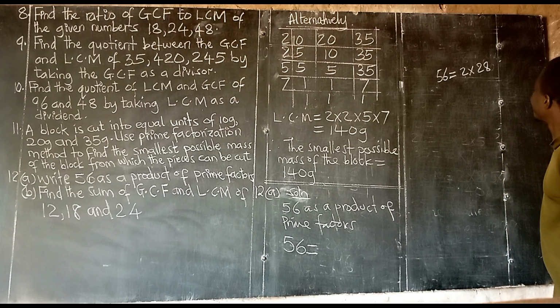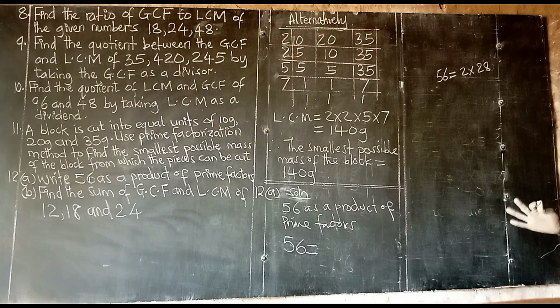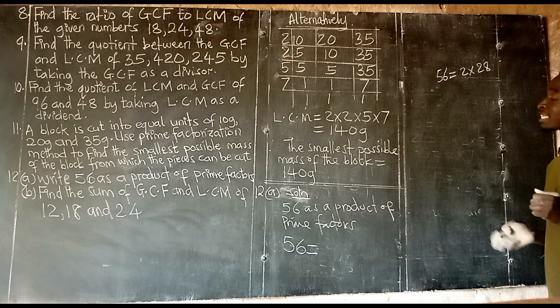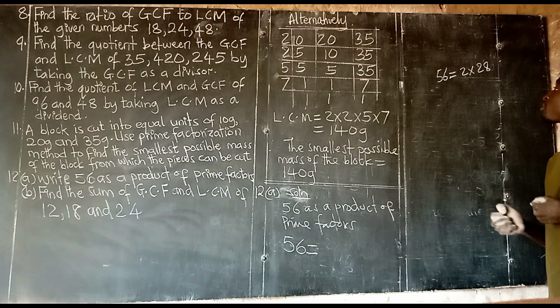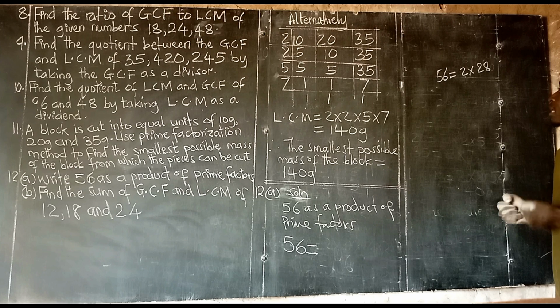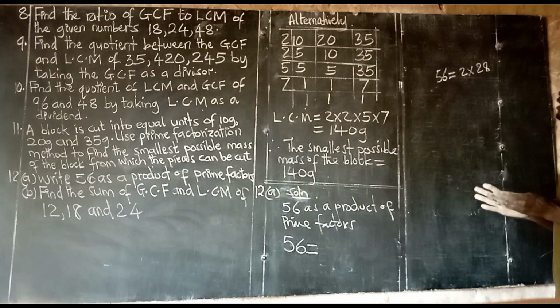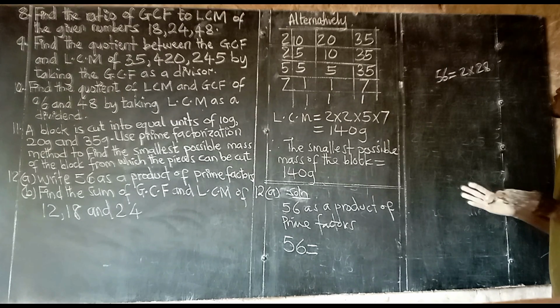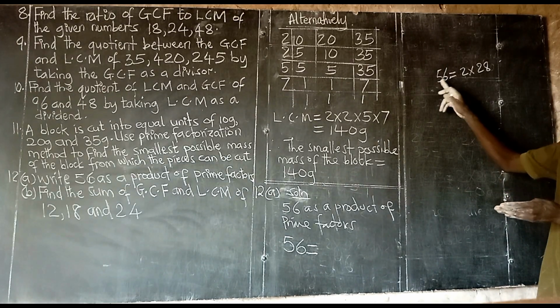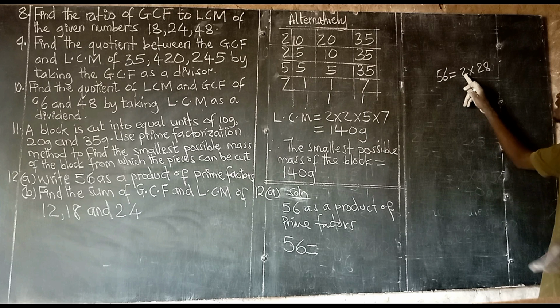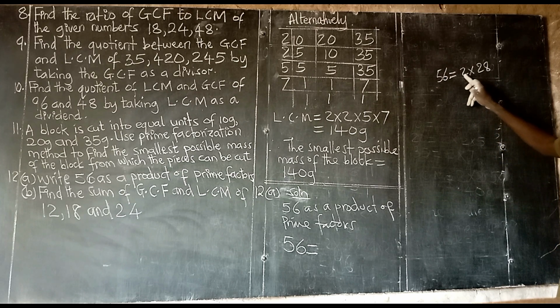First of all, you have to know the technique which I use. I start introducing prime factors in terms of multiplying them, so as to get only the prime factors which should be multiplied to get the given number, which is 56. Now I have introduced already 2. So 2 times 28, we get 56.